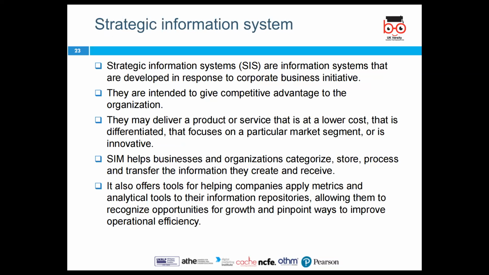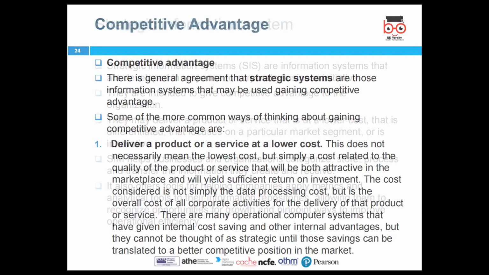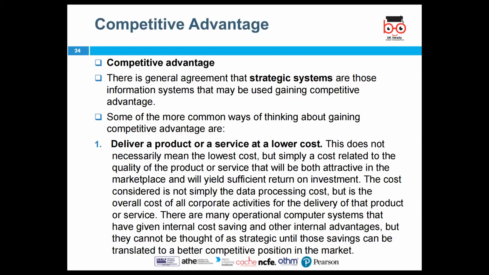Strategic information systems are information systems that are developed in response to corporate business initiatives. They might deliver a product or a service at a lower cost and differentiated. Then we have competitive advantage. So what do we mean by this?